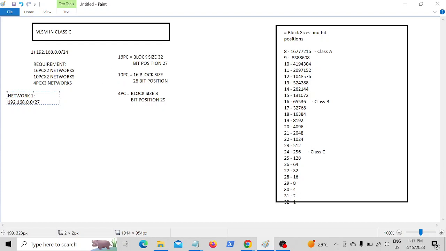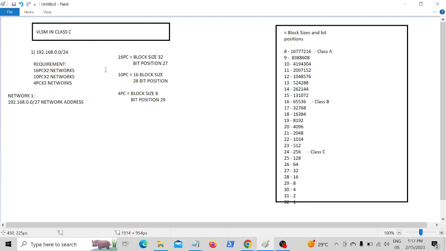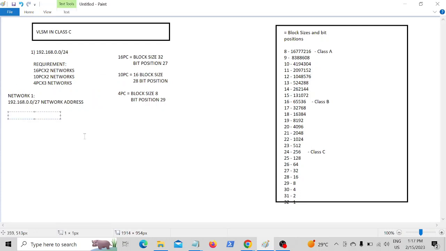This will be the network address. Again, 192.168.0.31 will be the broadcast address.